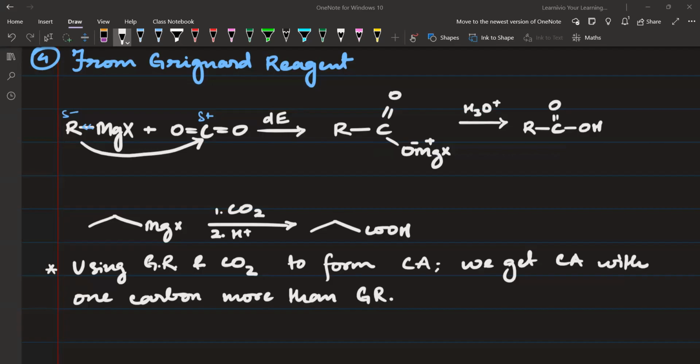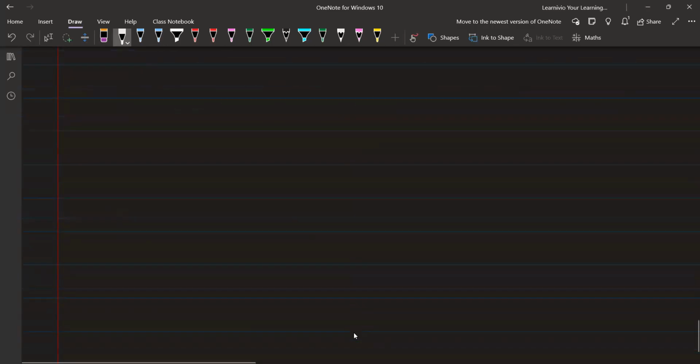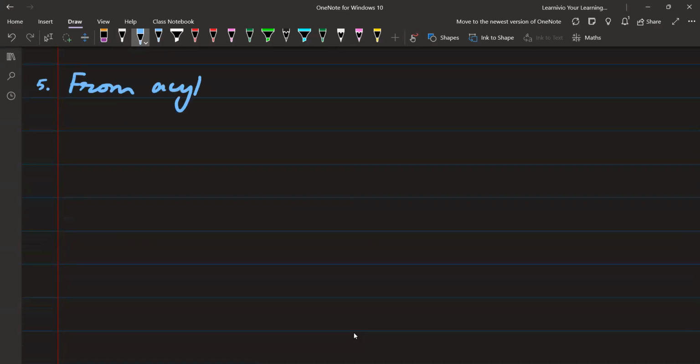Done. Next is from acyl halide. This is also very easy. We start with R C double bond O and some halogen, let's suppose chlorine.